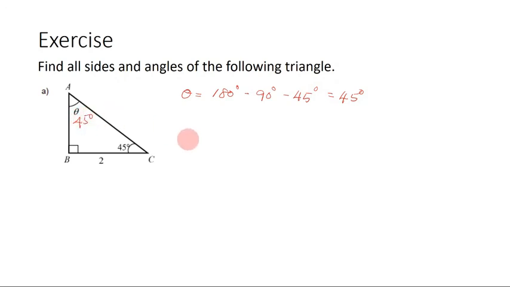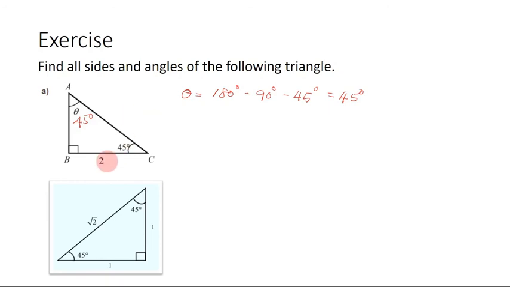Since this is an isosceles right angle triangle, we know that the side BC is equal to side AB. So BC is also equal to AB, which is equal to 2.